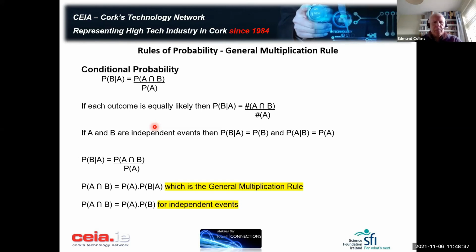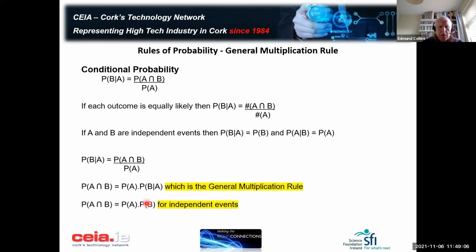Now, it's a bit complex here, and I haven't seen questions with conditional probability in them. So I won't spend too much time on this, but it's just important to understand it. And really, it's the very last line here on the slide that's important.